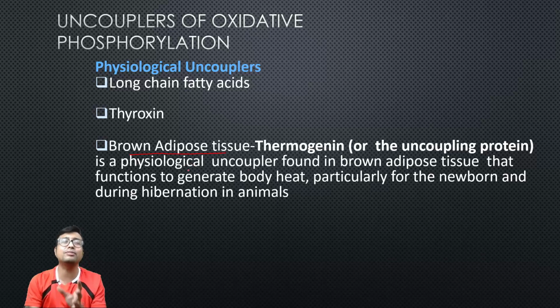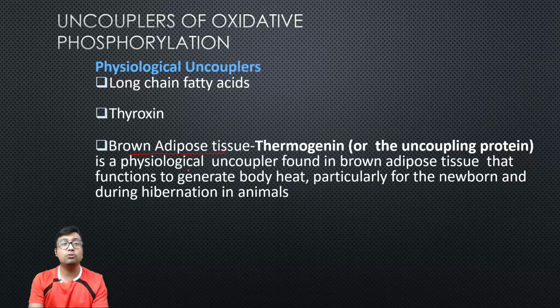So what's the use of these uncouplers? You know what uncouplers do? The energy from respiration is not used in phosphorylation. So what is it used for now? Now it is totally used in the production of heat. Phosphorylation is no longer happening, so the entire energy is used in production of heat.